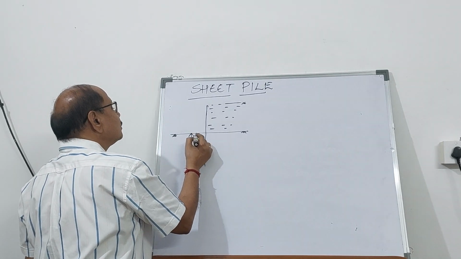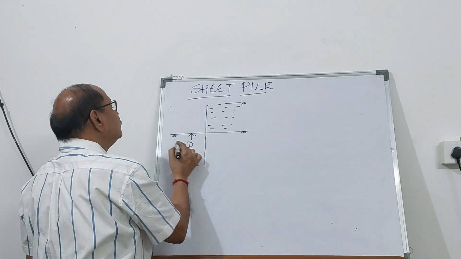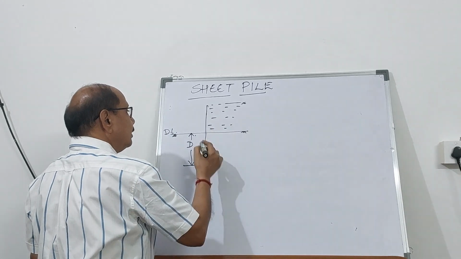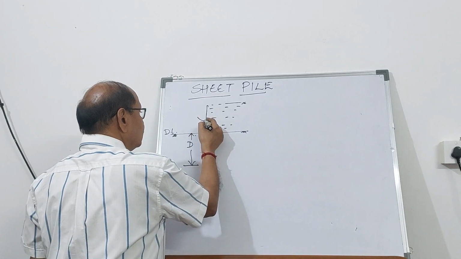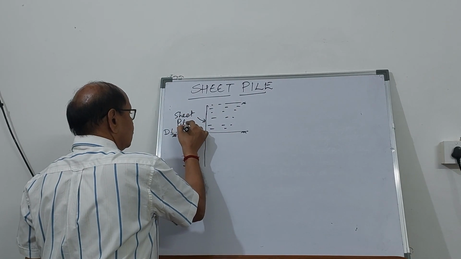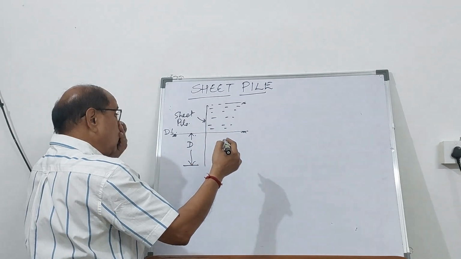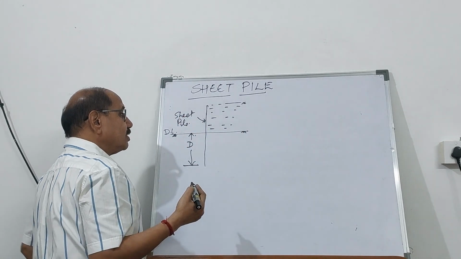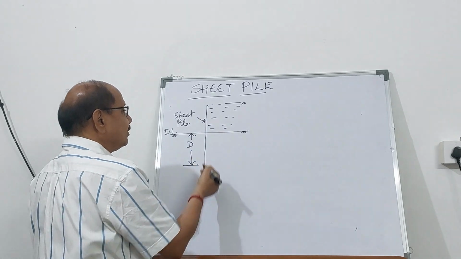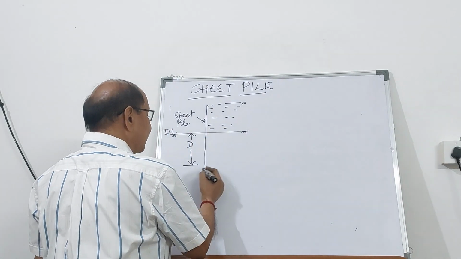So this becomes the depth of embedment D. So this is the dredge line, and the sheet pile. And due to the backfill, there is going to be the lateral thrust over this. So it will just act as if it is a beam. So it is a cantilever beam. So it is called cantilever sheet pile.